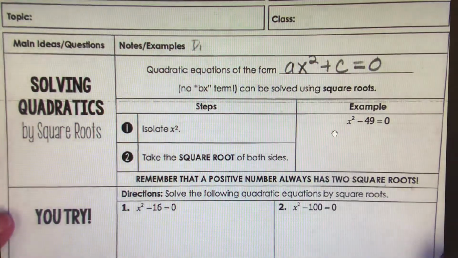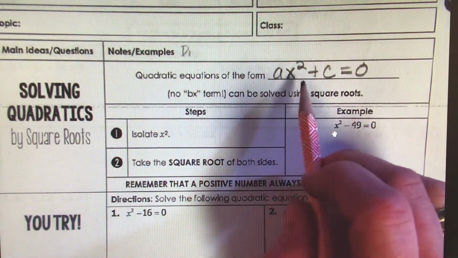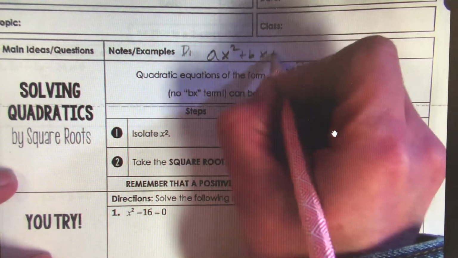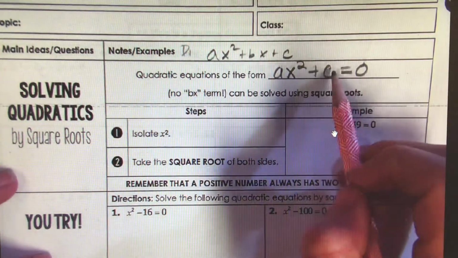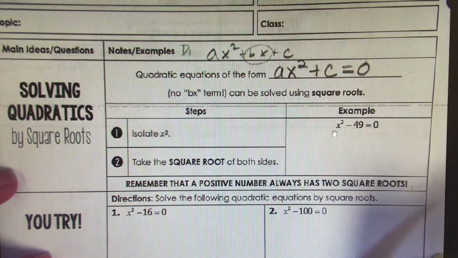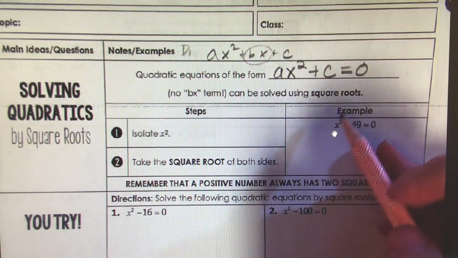Notice what's missing from this. If I look at standard form, remember standard form is something like ax squared plus bx plus c, right? What's missing from this form is the bx term. This can be solved in a different way.